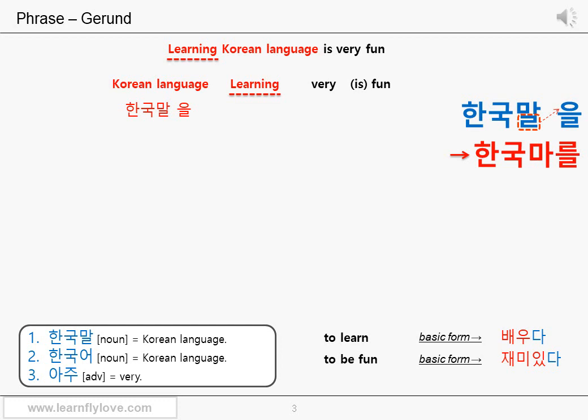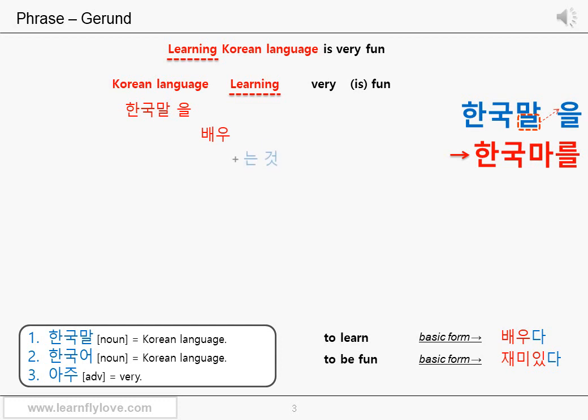Learning. It's a gerund in English, but when you're thinking about putting a gerund in your Korean sentence, you should think that you add an extra noun to turn the entire phrase into a noun form. To learn is originally a verb, and the basic form of it is 배우다 in Korean. The stem is 배우.